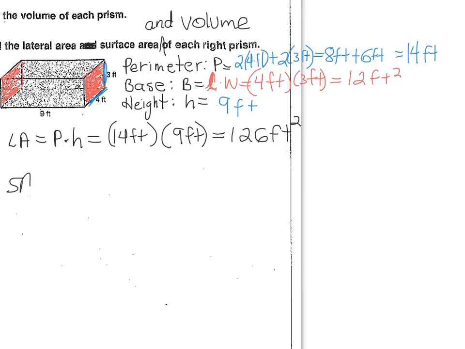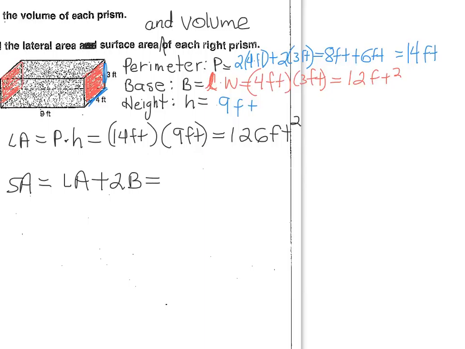Now surface area. As I mentioned about the room, the walls are considered the lateral area, and for surface area we also add the ceiling and floor, so plus the two bases.